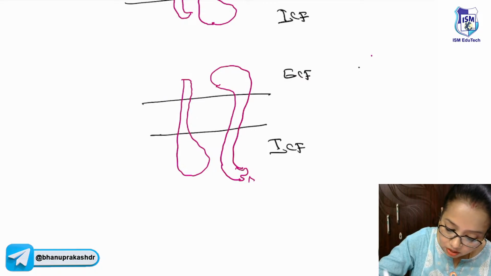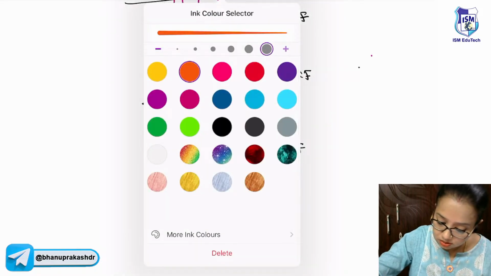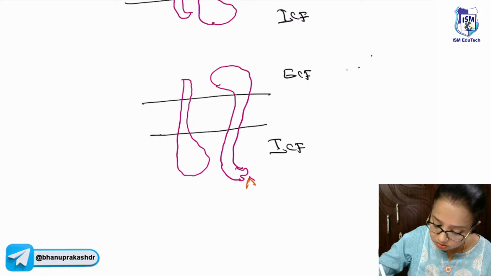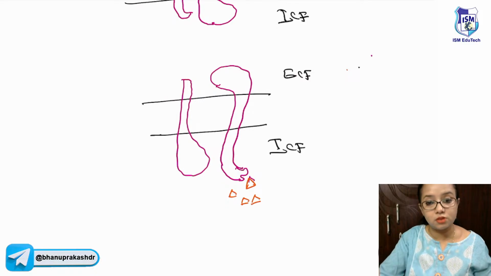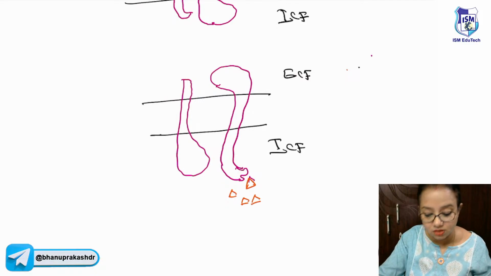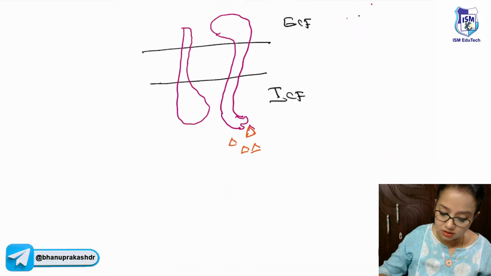Now, the molecule that was bound on this side gets transported across the cell membrane from ECF to ICF. This is our facilitated diffusion.